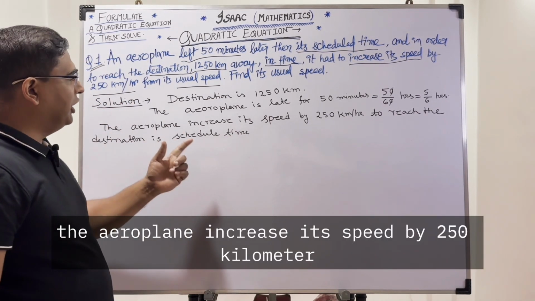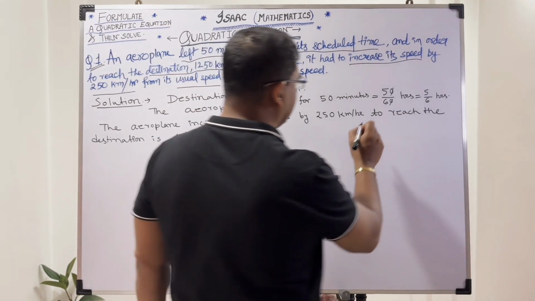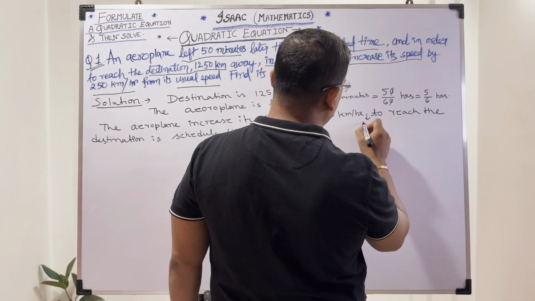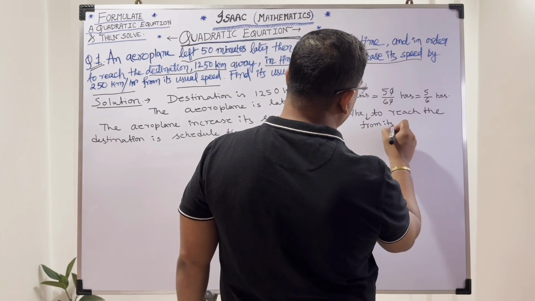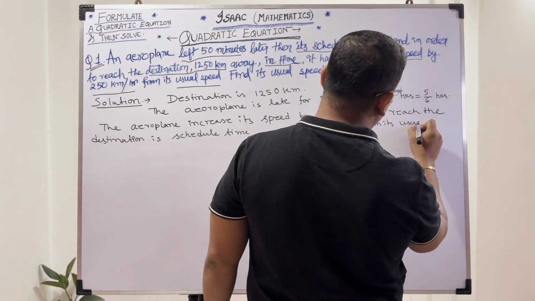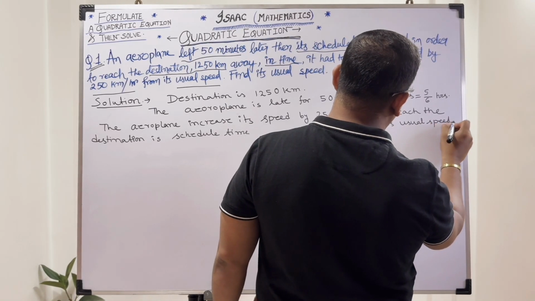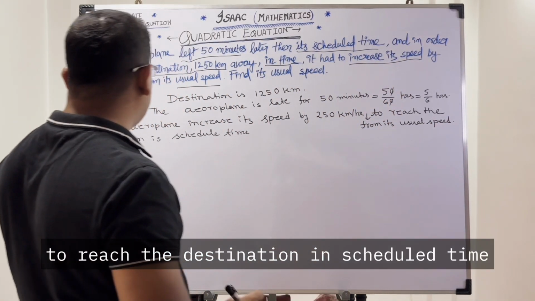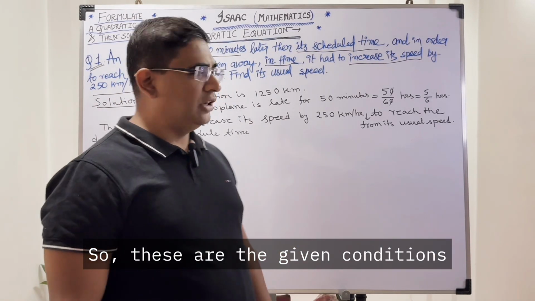The aeroplane increased its speed by 250 kilometer from its usual speed to reach the destination in scheduled time. So these are the given conditions.